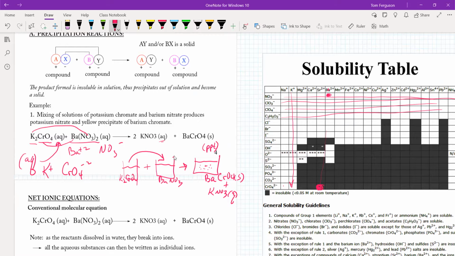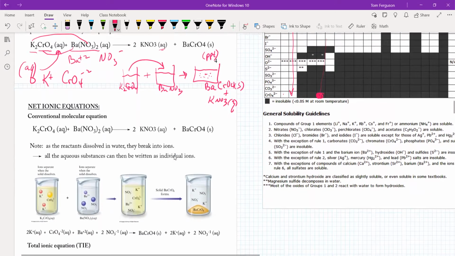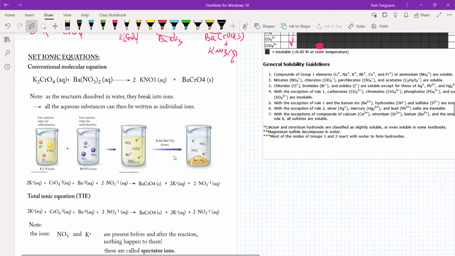Now, frequently, whenever we have a double replacement reaction, we want to talk about the net ionic equation. The net ionic equation is what is the equation of what happened? What happened here, we made a solid. So what's the equation for making that solid? Okay.